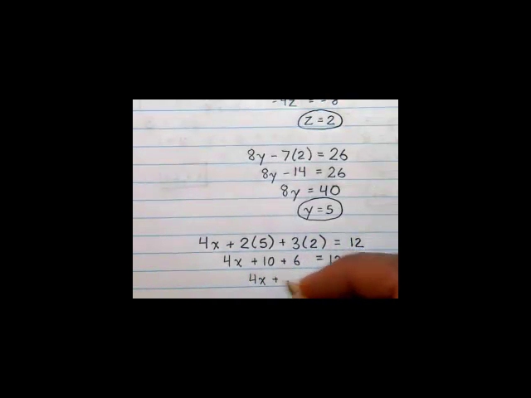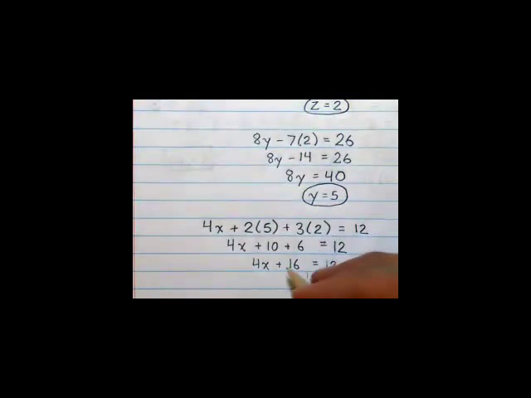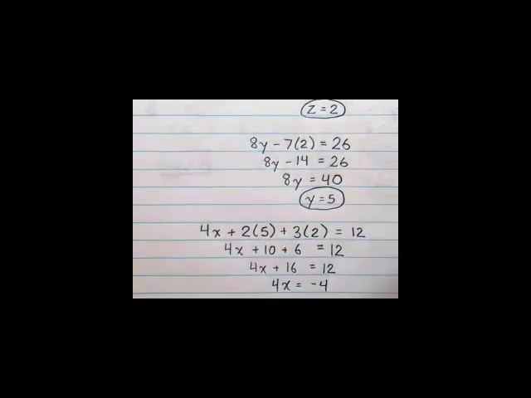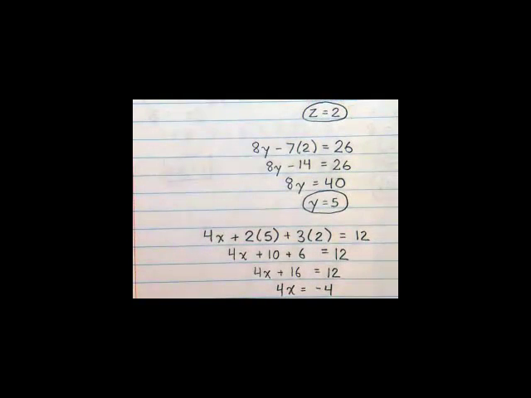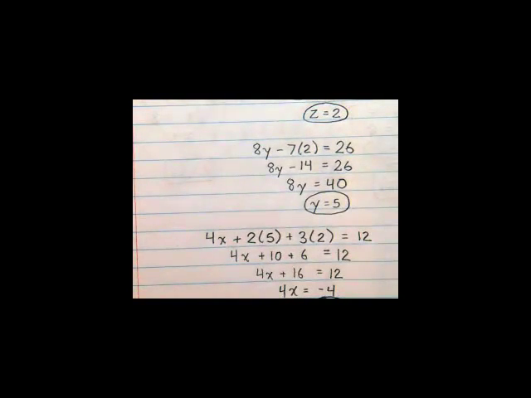So 4x plus 16 equals 12. Subtract 16. 4x equals negative 4. So what's x? X is negative 1. Yep. All right, congratulations. You have solved your first system of 3 equations. That's how we do that.